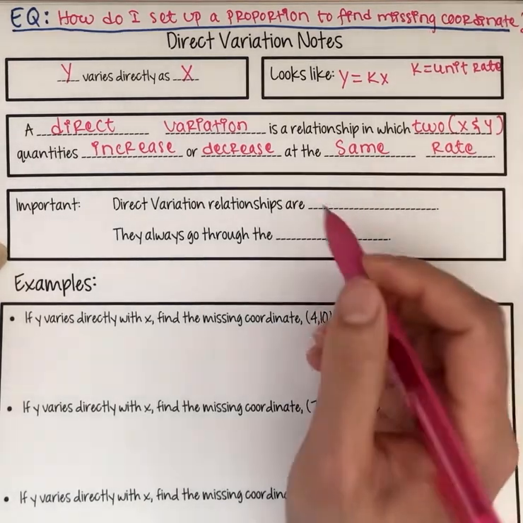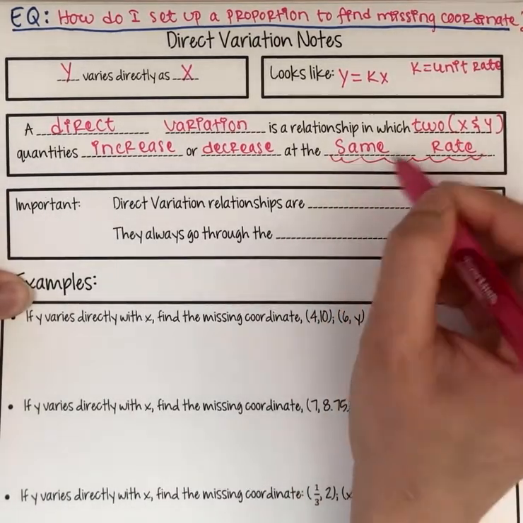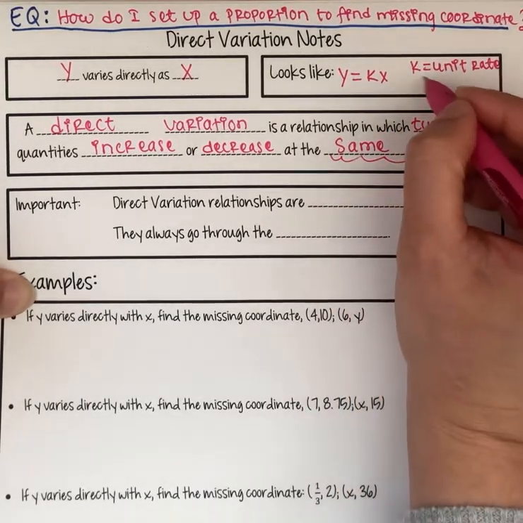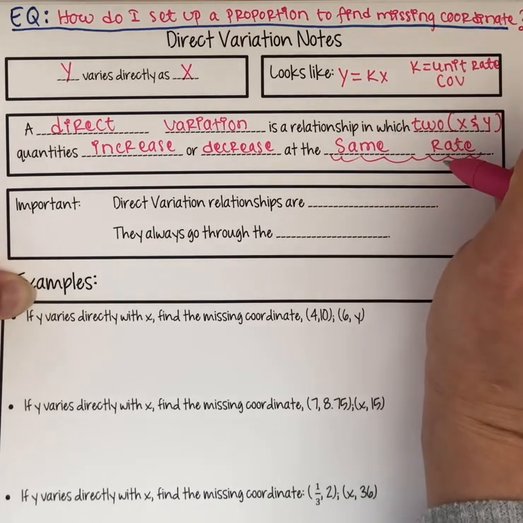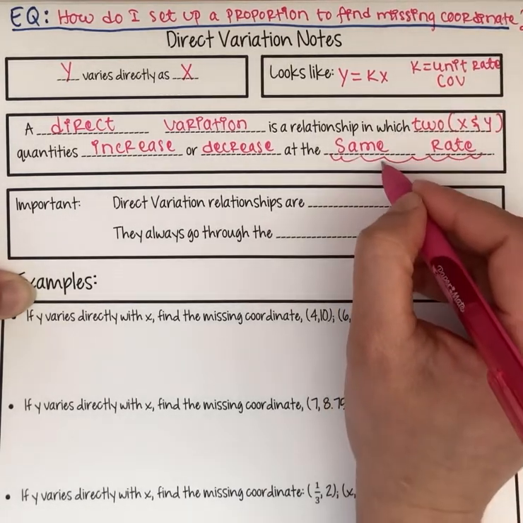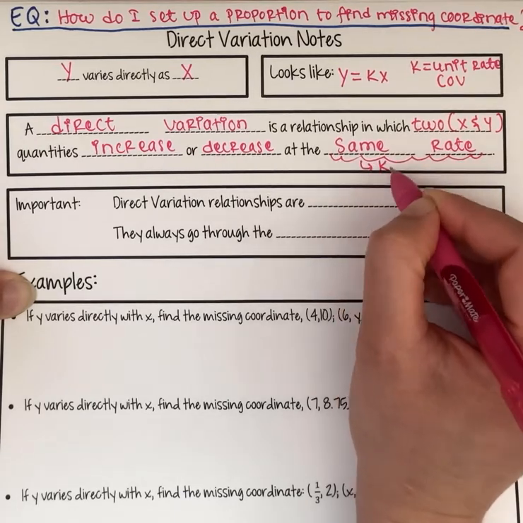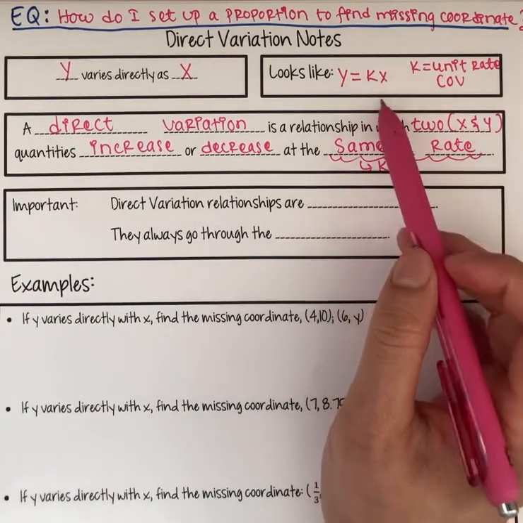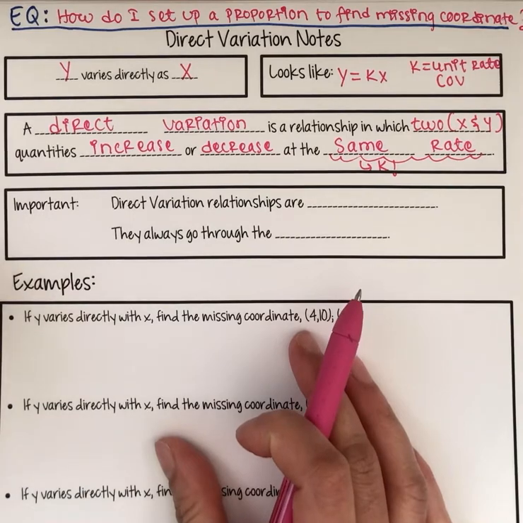Okay, so that same rate, guys, is basically the k that we talked about up here. And let's just add that k also stands for constant of variation, meaning it stays the same. So hence, the same rate is basically referring to the letter k. Okay, in our equation, this is called an equation. If something is set equal to something, that's called an equation in math.